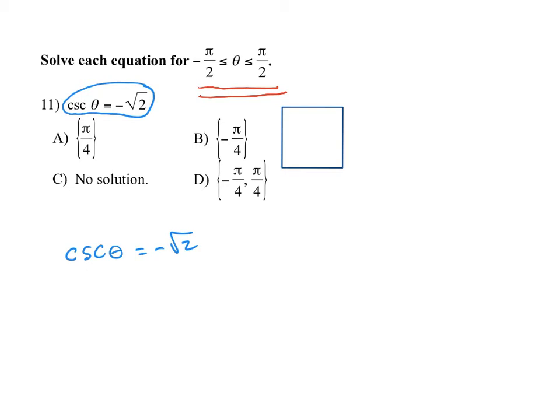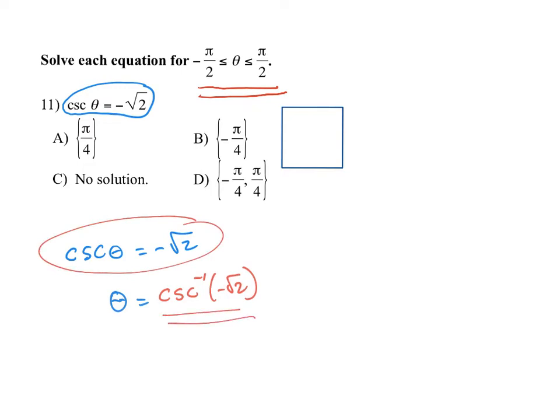We're going to do inverse function here to solve for our variable. So our variable, theta, is actually going to be whatever the answer to the inverse cosecant of negative square root of 2 is. The first thing we'll do is convert the equation into an inverse trig function so that we can find the value from the new chart that we made. Let me bring the chart in right now.